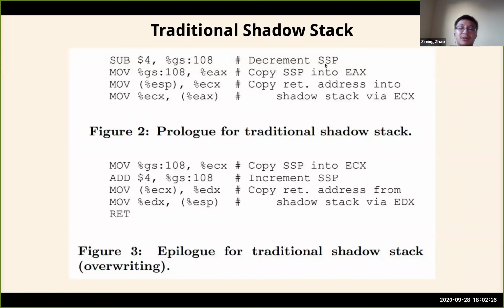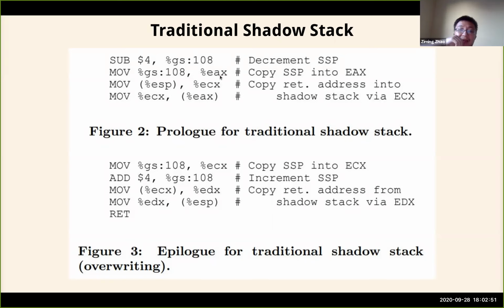The stack pointer, the ESP, is a register. Here we just have a variable. We use it as a shadow stack pointer, so that's why we call it SSP. We subtract 4 because we're going to push something there. Then we move the value of it to EAX.